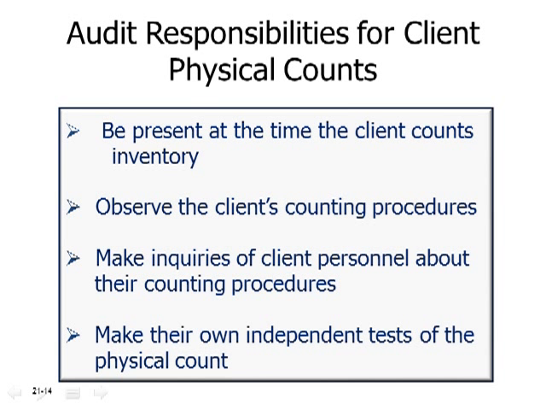Now auditors are required to observe the inventory. And if the auditor is not engaged in enough time to be at the facility to observe the inventory, certain other steps are required to ensure that the integrity of the count is maintained.